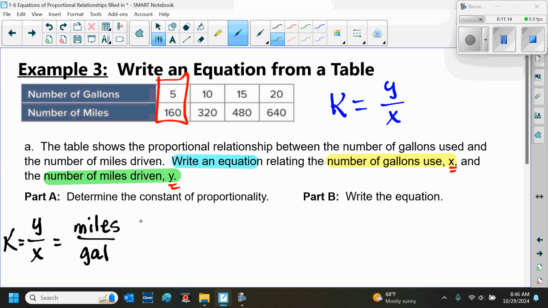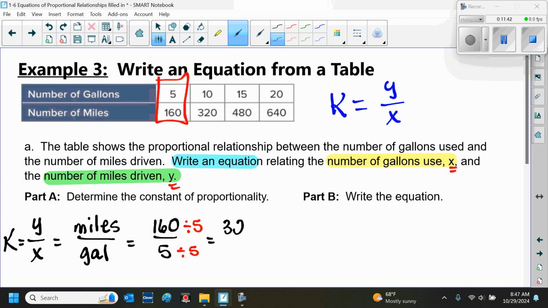Miles is on the bottom, so on the second row. So this is going to be miles on top, that's 160, over gallons, 5. If I want to change this to a unit rate, we divide by the denominator, in the numerator and the denominator, and we get 160 divided by 5, that equals 32.